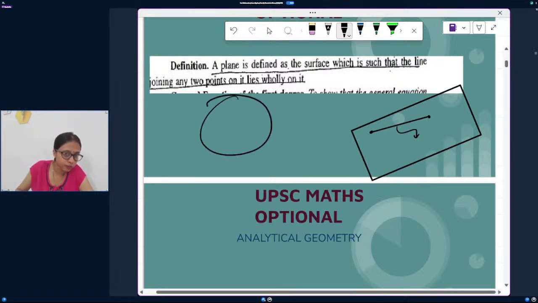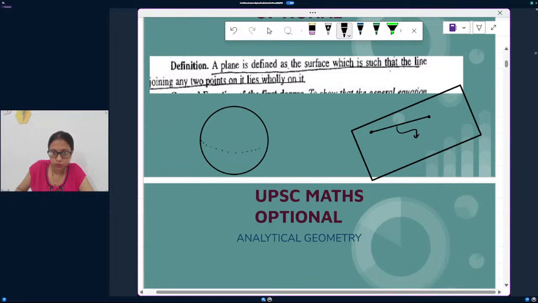This will not happen for any other surface. For example, a sphere. A sphere is a surface. Everybody understands a sphere is like a ball.